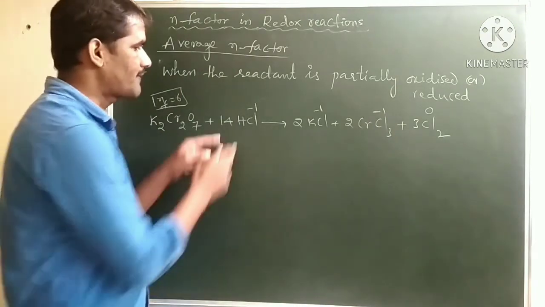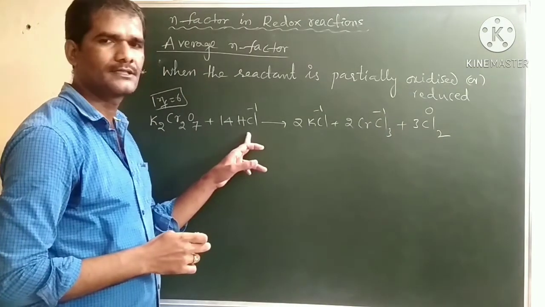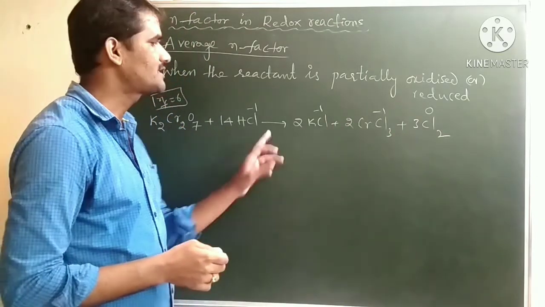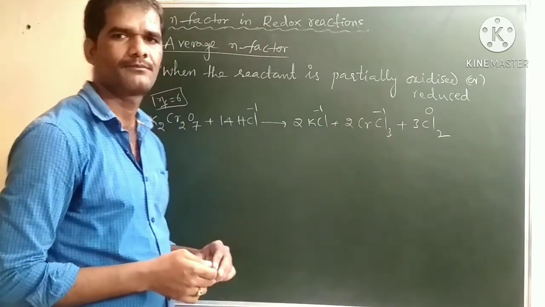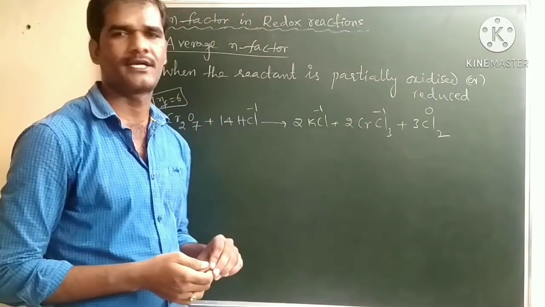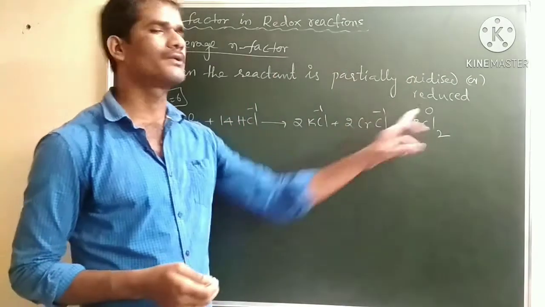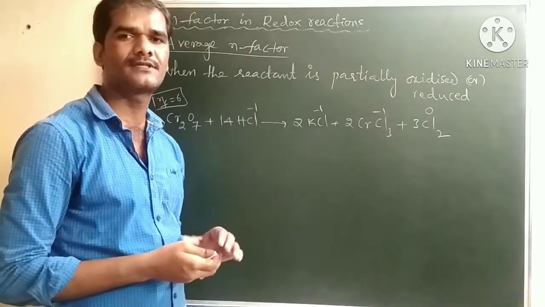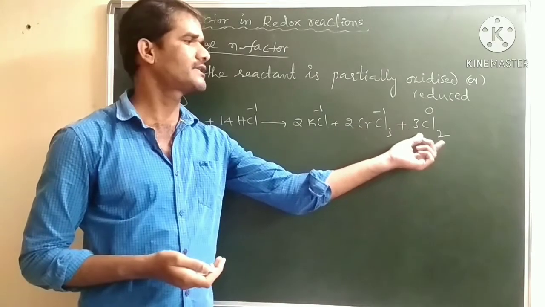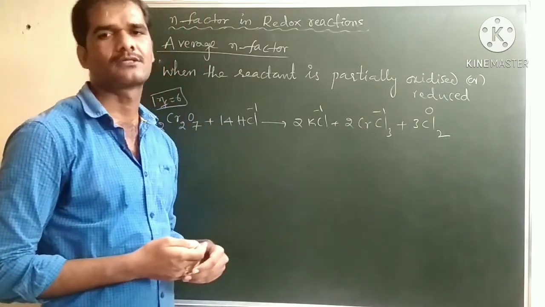See, in the same HCl, some of the chlorine atoms are not changing their oxidation state, but some of the chlorine atoms are. So here -1 to 0 is an increase in oxidation state, which means that out of 14 HCl's, only 6 chlorines are undergoing oxidation.